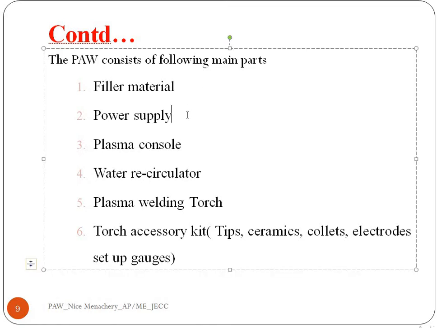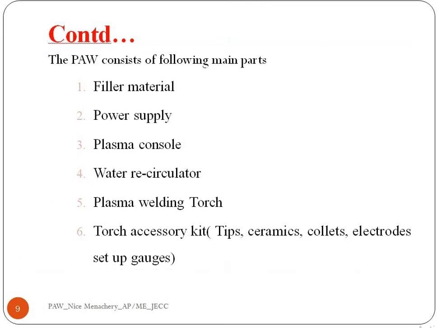Then the power supply. Generally, DC power supply is used. When compared to TIG welding, low current consumption is not in this particular type. Then the plasma console, the equipment, water recirculator, plasma welding torch, and torch accessory kits. These are the main parts of the plasma arc welding process.